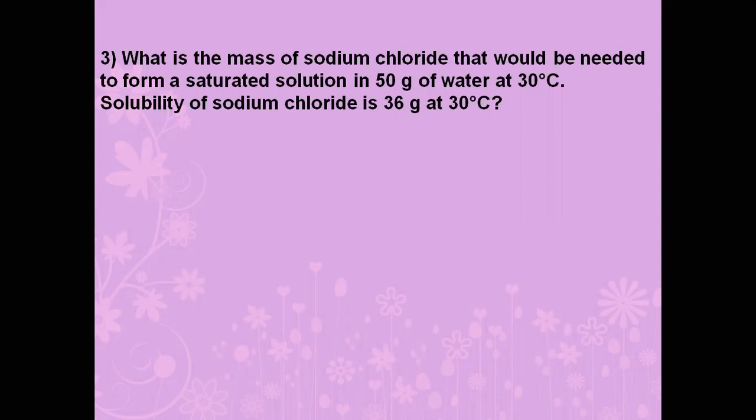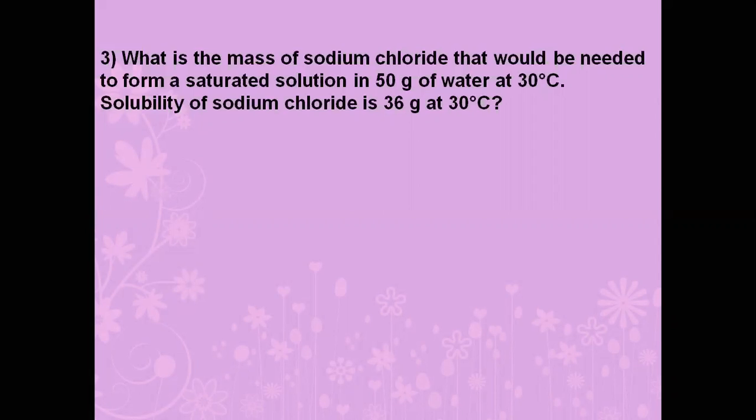Same method for question number 3. The solubility of the solute is 36 gram at 30 degrees Celsius, mass of the solute we don't know, and mass of the solvent is 50 gram.